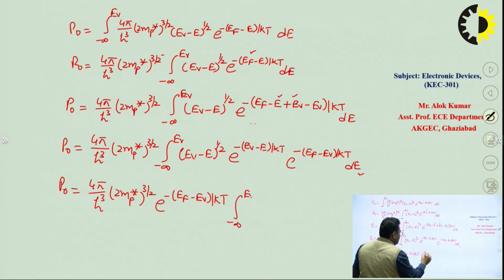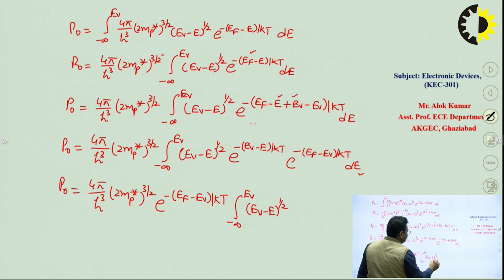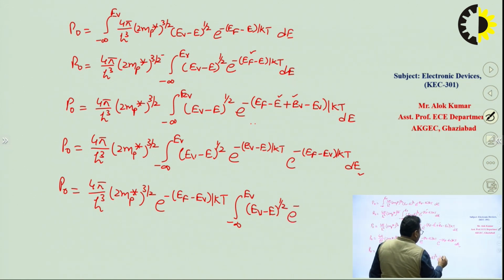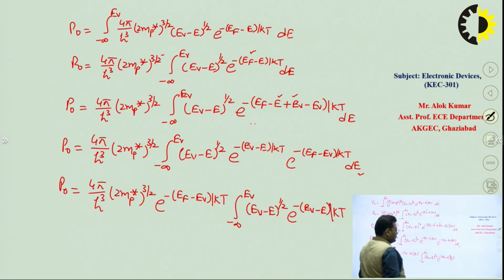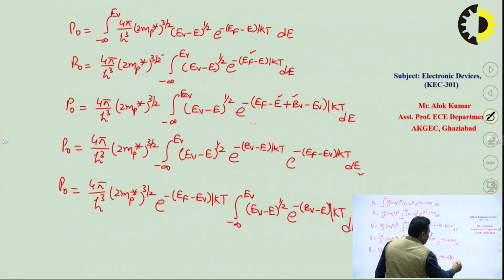and the integral from minus infinity to EV of EV minus E to the power 1 by 2, and e to the power minus EV minus E divided by KT with respect to dE we are solving.